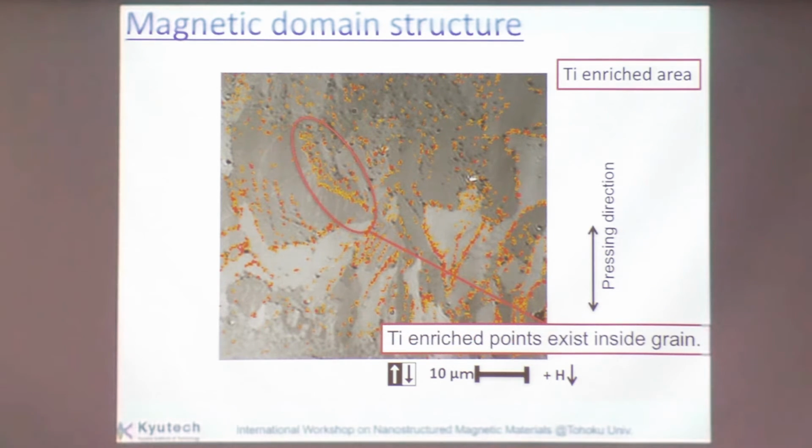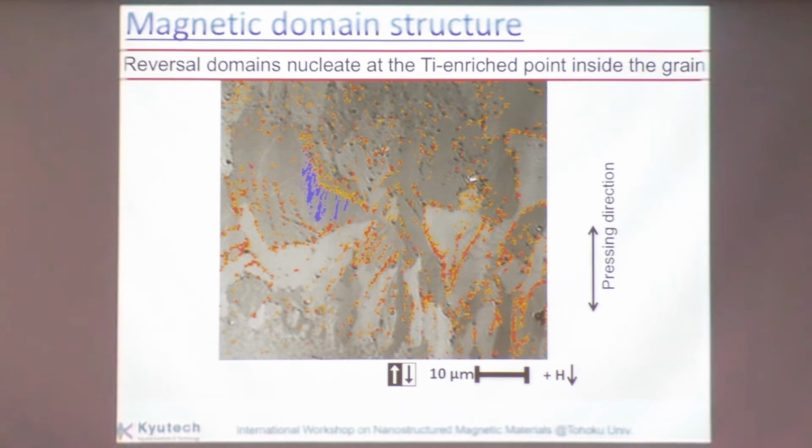So we can investigate the magnetic domain structure and the nucleation of the reversal domain and the titanium-enriched point. So you can see the magnetization reversal occurred at the titanium-enriched point.